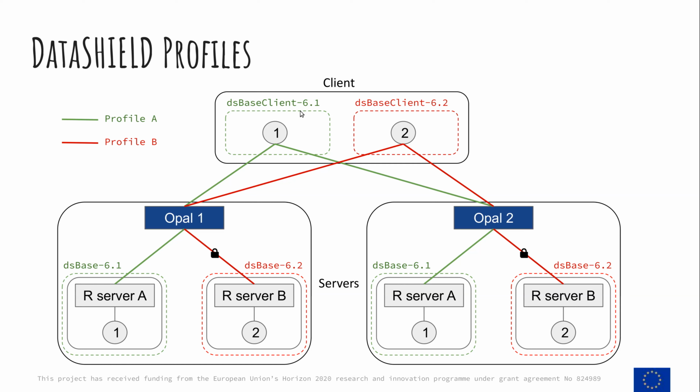So from the client's point of view, the user will have to specify, I want to work with the 6.1 or I want to work with 6.2. And you cannot mix the two together, because if you call from 6.1 dsBase 6.2, it will fail, and the other one will fail as well. So either you are all on the green path or on the red path.